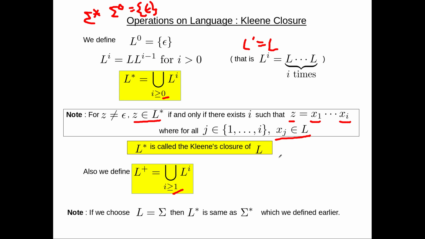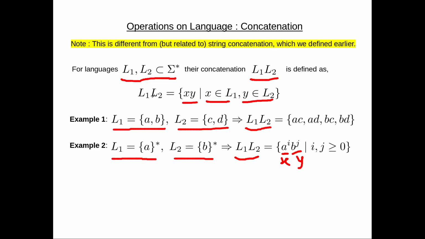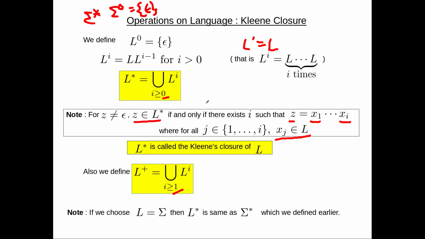Okay, because how do you get L square? That means you take some x and y, both x and y coming from L, right? And how do you get L cube? Then again it's some x, y, z, where x, y, z all are coming from L. These x, y may be distinct, but they are coming from L. So here will be a generalization.